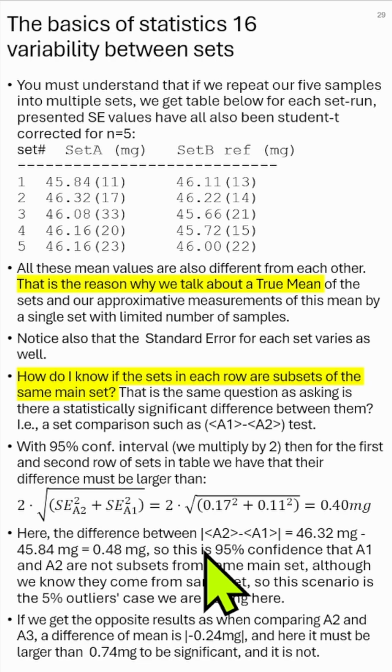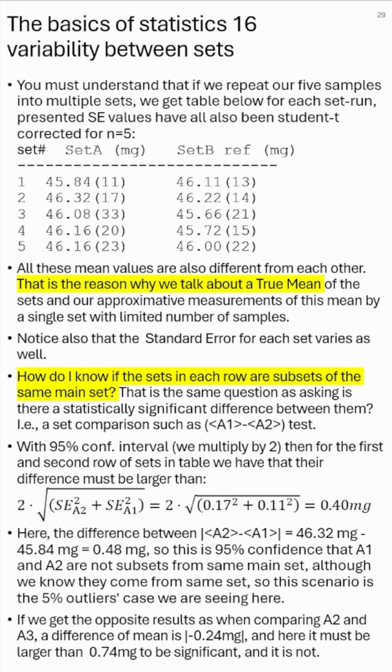So, at this 95% confidence interval, A1 and A2 are not subsets because the difference is larger than that sum we calculated of 0.40 milligram. The difference was 0.48. So here, since we know that they come from exactly the same set, this is the statistical outlier, those 5% that we saw earlier.